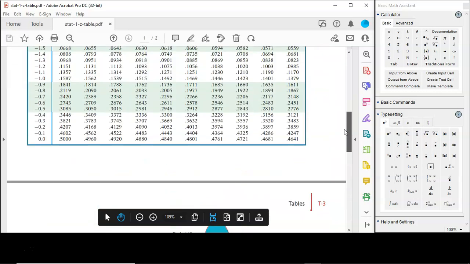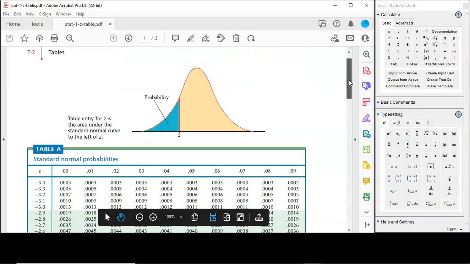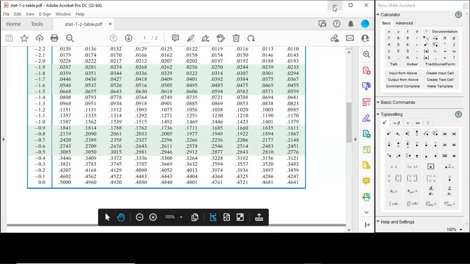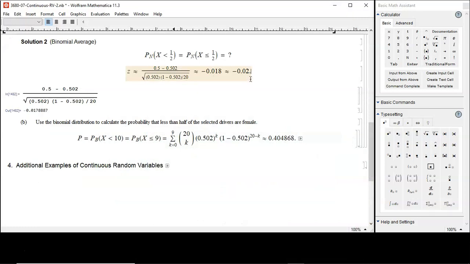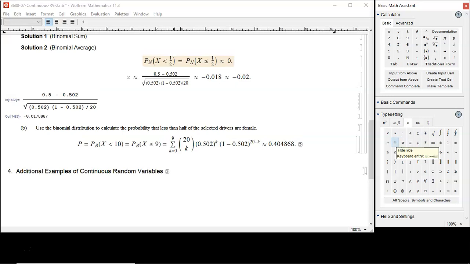Negative 0.02, 0.4920. So the probability is this is what we get.